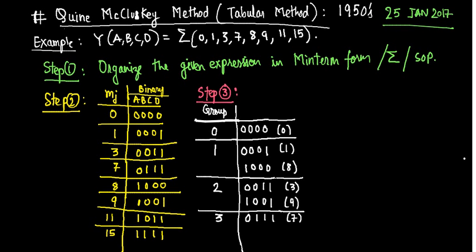What else? 11, yes, 11 is there. 1, 0, 1, 1. So it is 11. Okay. So the last group of 4 ones: 15, right? 1, 1, 1, 1. Is that okay?